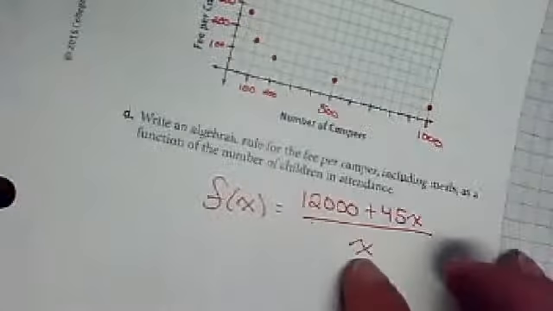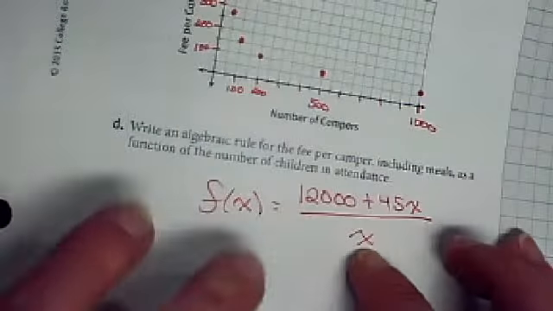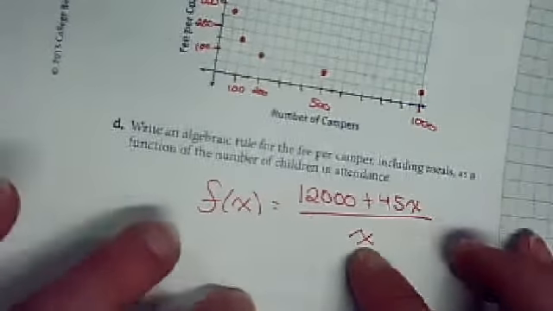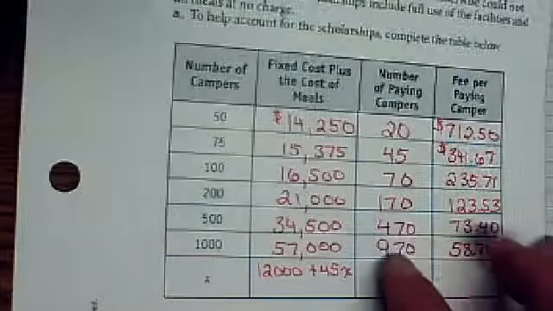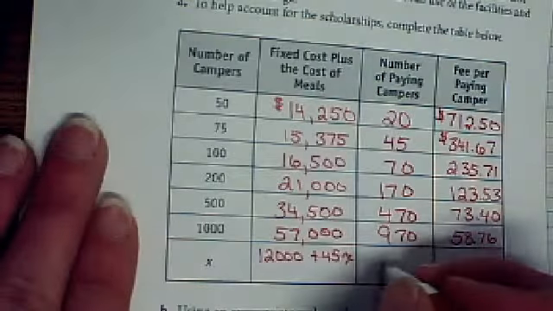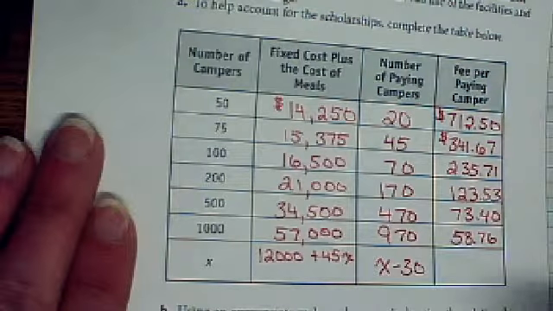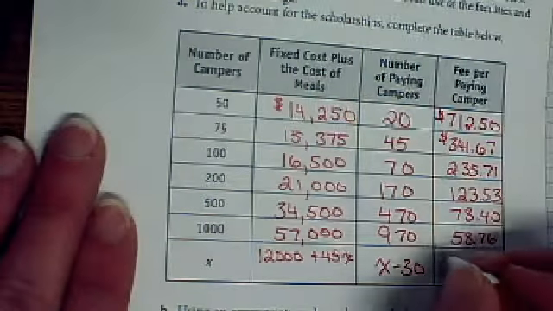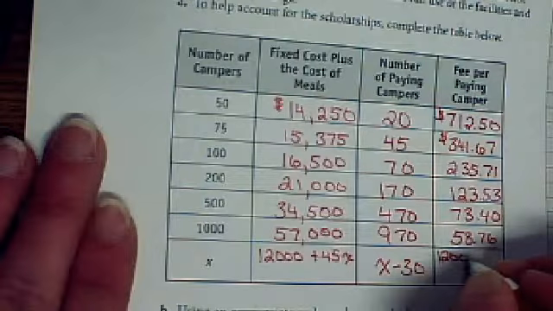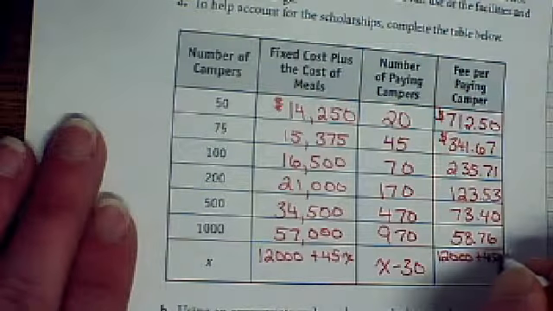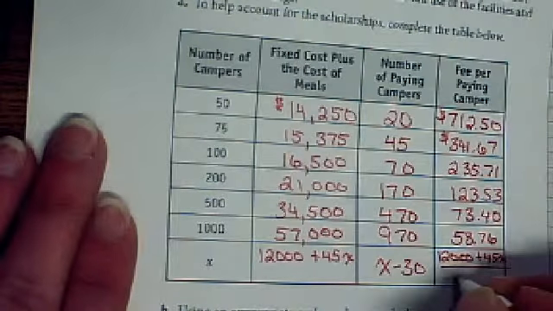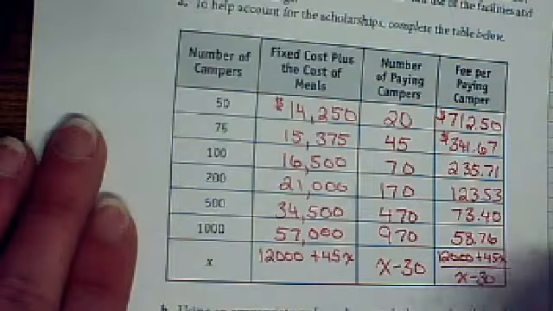So let's think how that would change our formula from the last time. Last time we were just dividing by the total number of campers. Well, this time if 30 are getting a scholarship, it's not the total paying, but it's 30 less because 30 are getting that scholarship. So that gives me 12,000 plus 45x actually being divided by x minus 30 this time.